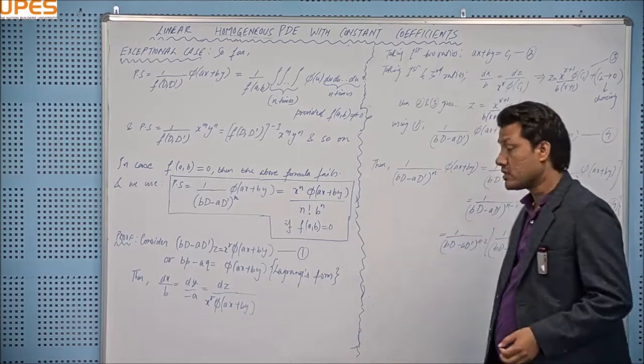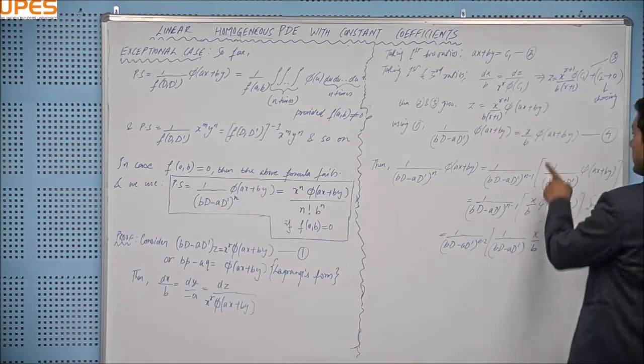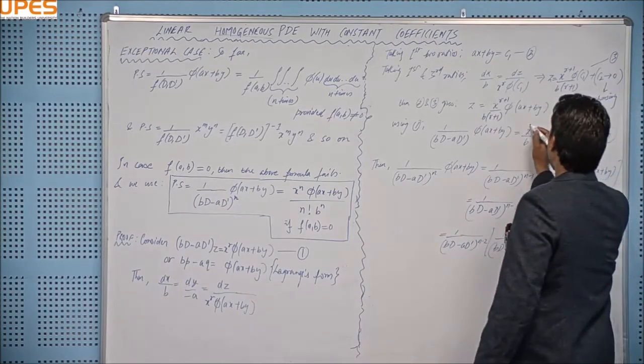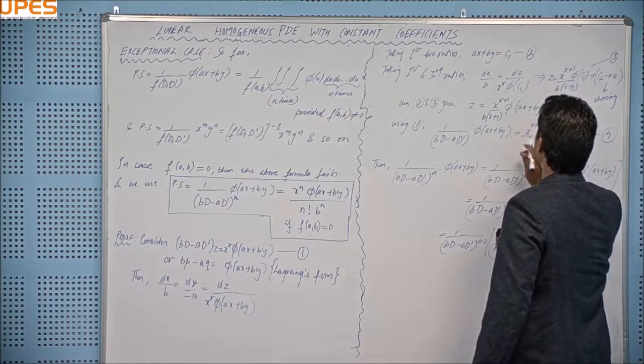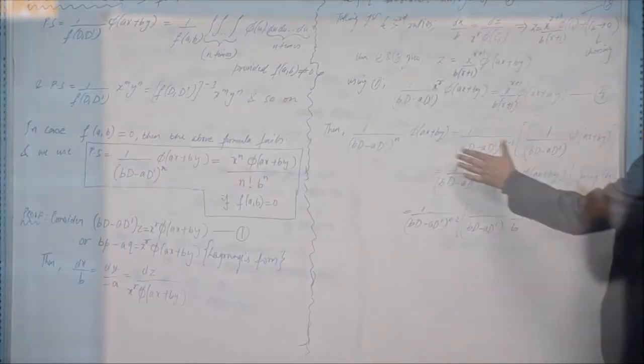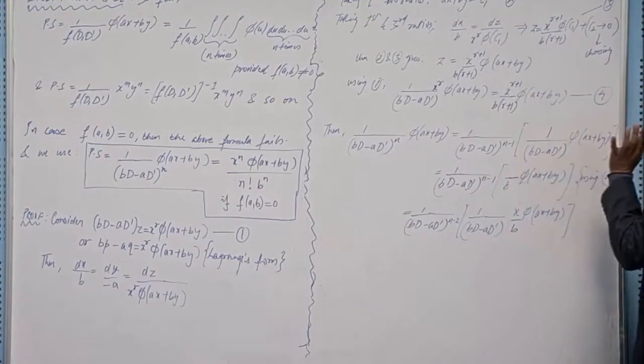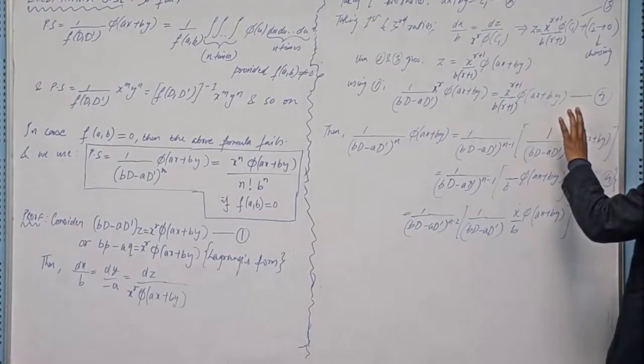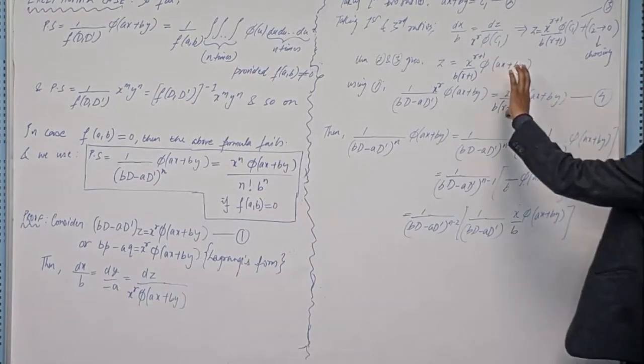We are getting some general result. This will be x to the power r plus 1 upon b times r plus 1, correct? And then this n is broken in this way. That's fine. And this value comes using equation number 1.